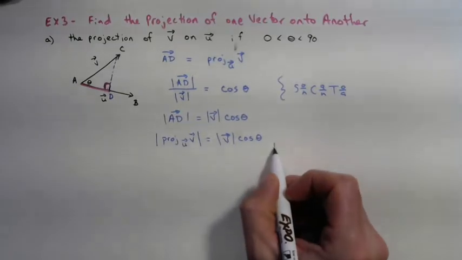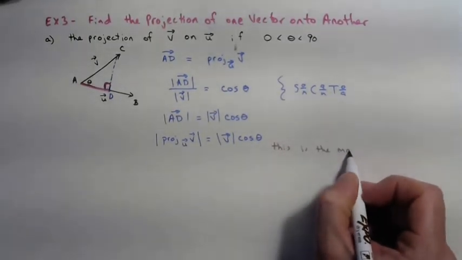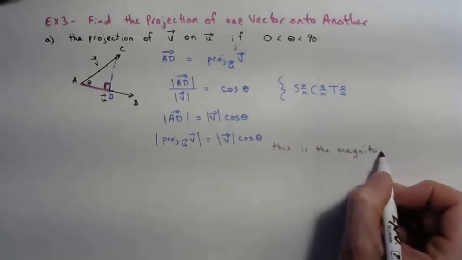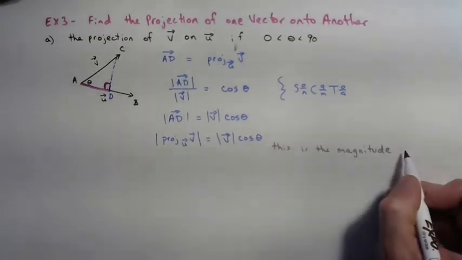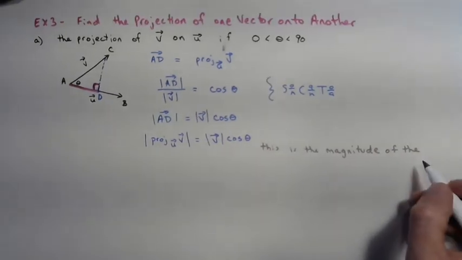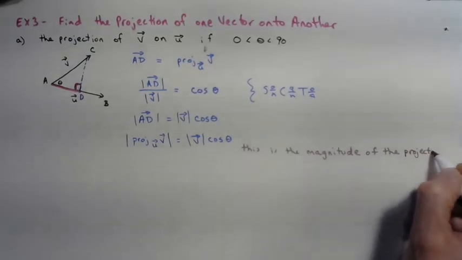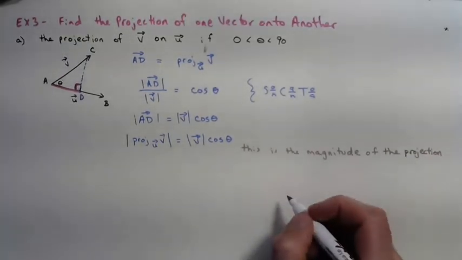So this is the magnitude of the projection. I'm going to try to get this all in one line. This is the magnitude of the projection.